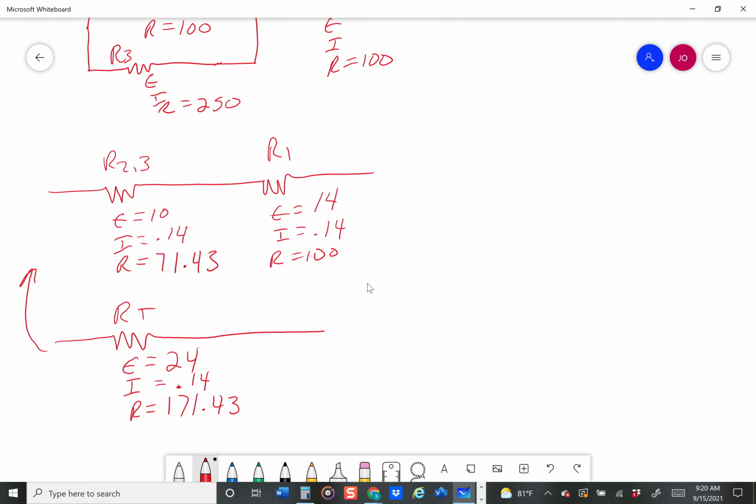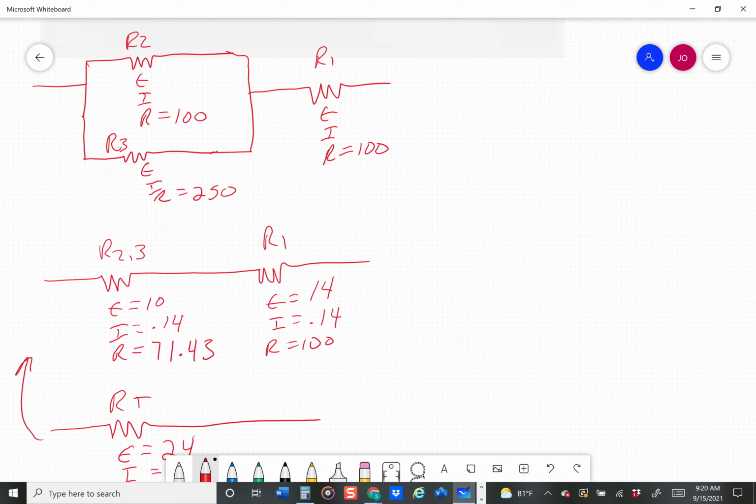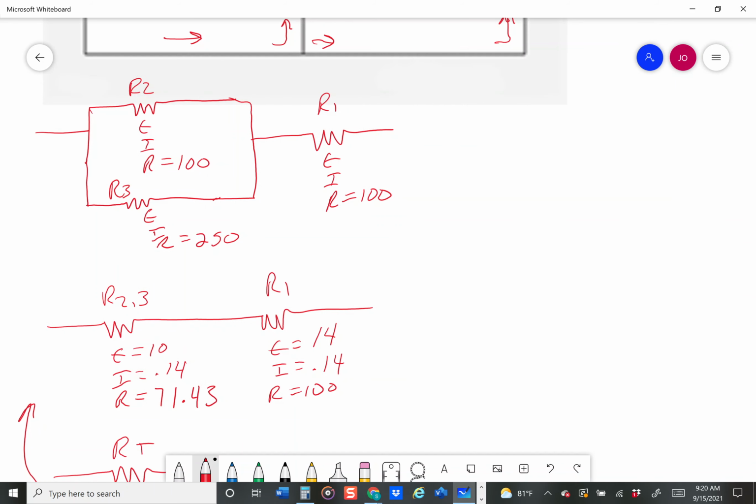So now that we have accomplished that for everything in our series circuit, and R1 is completely done, I've got 14 volts and 0.14 amps. I'm going to go to R2 and R3, and we see that R2 and R3 are in parallel, and in parallel, voltage is the same. So I've got my 10 volts and my 10 volts. 10 divided by 100 is 0.1.